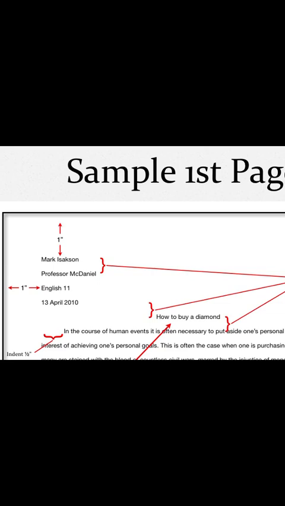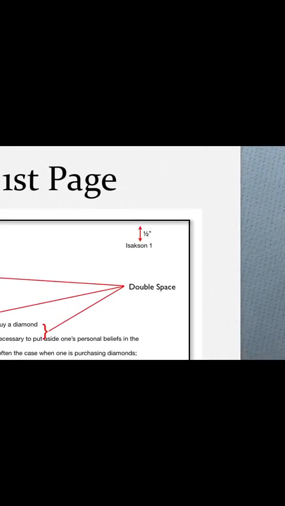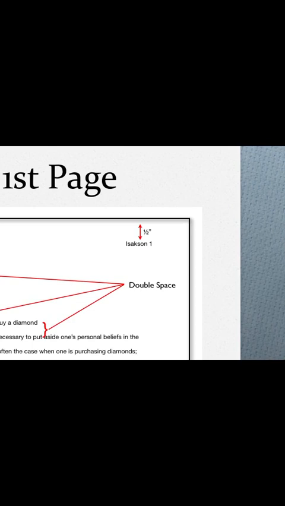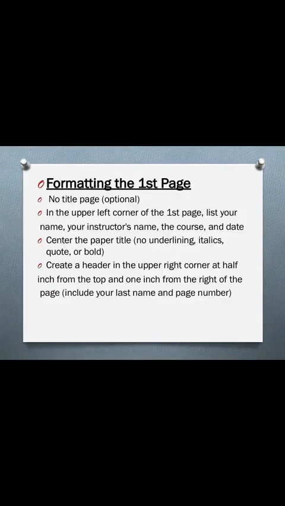The writer's name is Mark Isaacson. So in the right corner, he writes Isaacson 1. So this is the last name and this is the page number. The space from the top of your paper to the header is ½ inch, and from the right edge it is 1 inch.